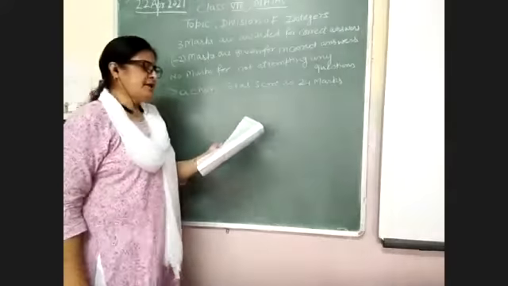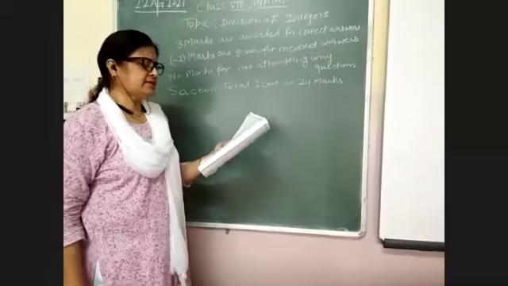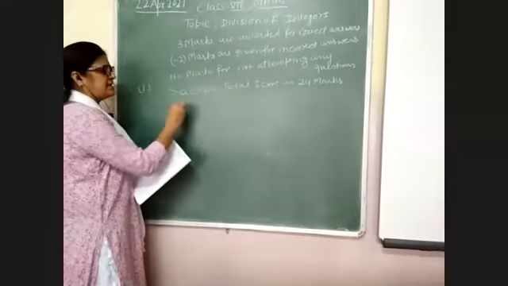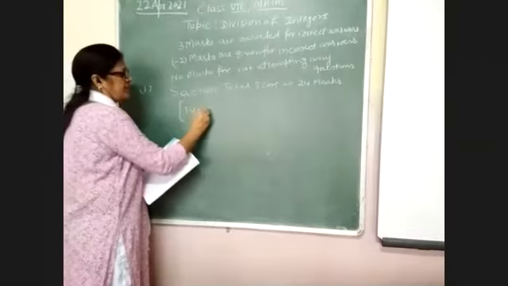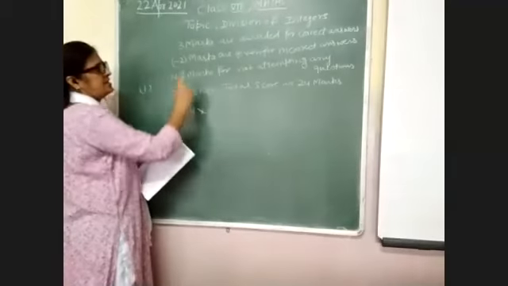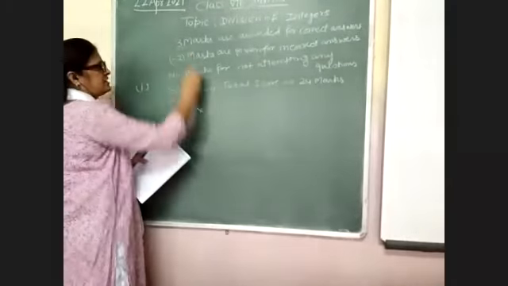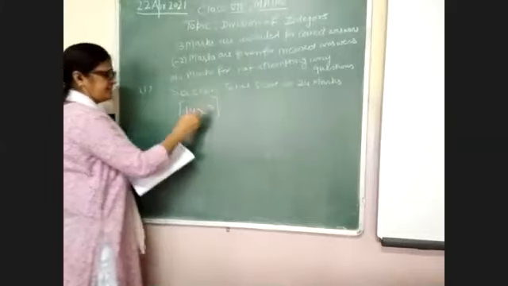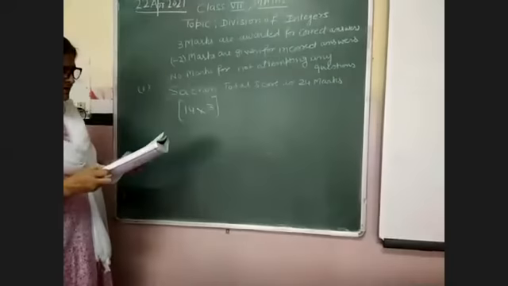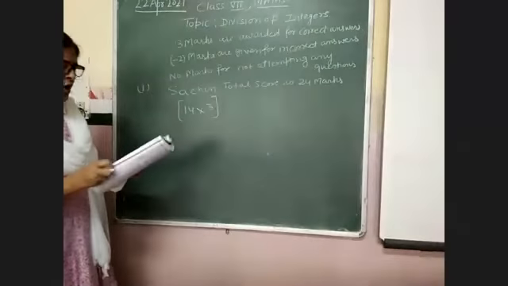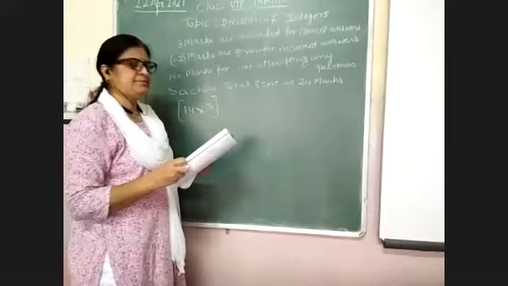Then he got 14 correct answers. So how will you write down the equation? His score for the 14 correct answers he has given is 14 into 3. And how many questions has he attempted incorrectly?